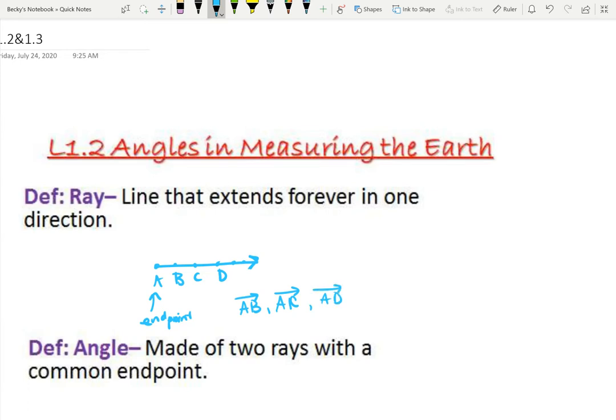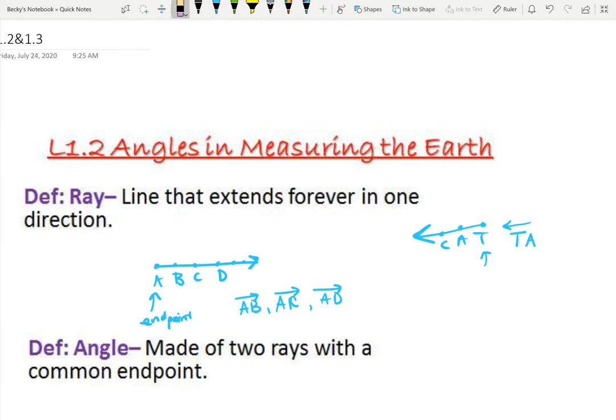Now, common mistakes. If I were to draw this going to the left and put this as TA, a lot of people would confuse this and maybe call this ray AT, or say, okay, I need to start with the endpoint, which is T, and then choose a different letter, A, and then they would draw the arrow to the left.